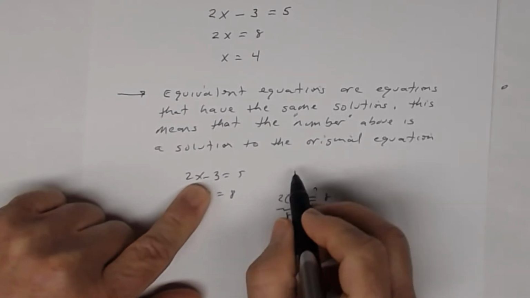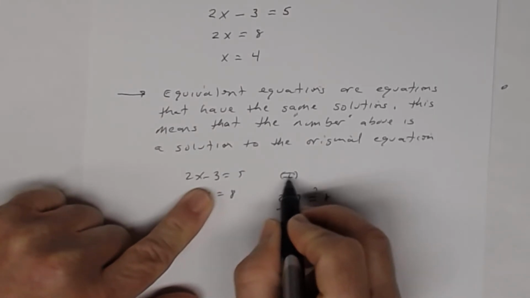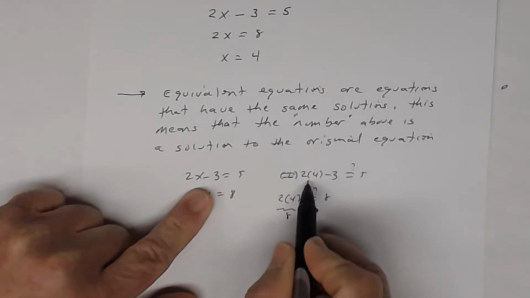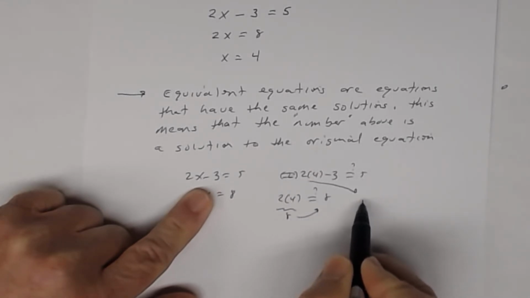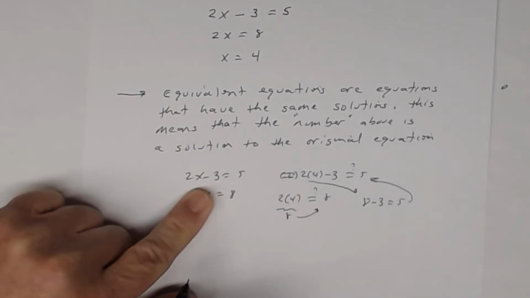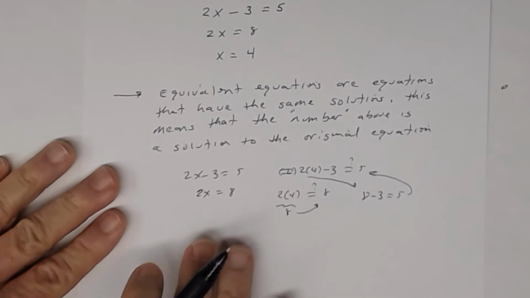Okay? Over here, 2 times 4 minus 3, you want to see that's going to equal 5. Well, 2 times 4 is 8, and 8 minus 3 is 5, which is what this was. Okay? So that's what we mean by equivalent.